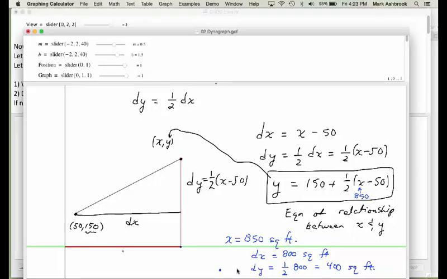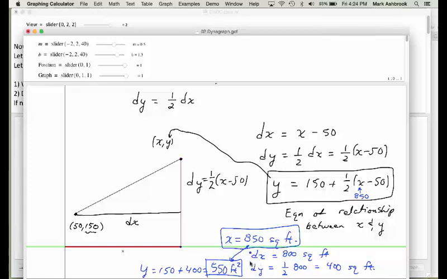So y would be the 150 plus the 400, which would equal 550 square feet, which would correspond to the total amount that you've painted of 850. So when you reach the amount of 850, your friend has reached the amount of 550.